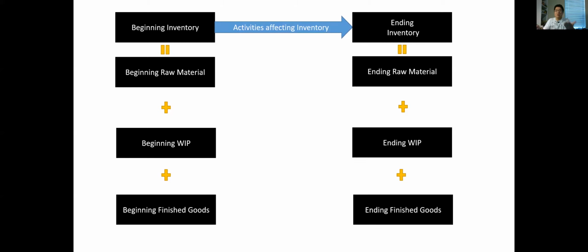So for each category, namely raw material, WIP, finished goods, all we have to figure out is how much they had at the beginning of the period, what made this inventory account have more balance, and which activities reduce the balance of this particular inventory account for the period. Then we do the calculation, and we will have the ending balance. So let's take a look.